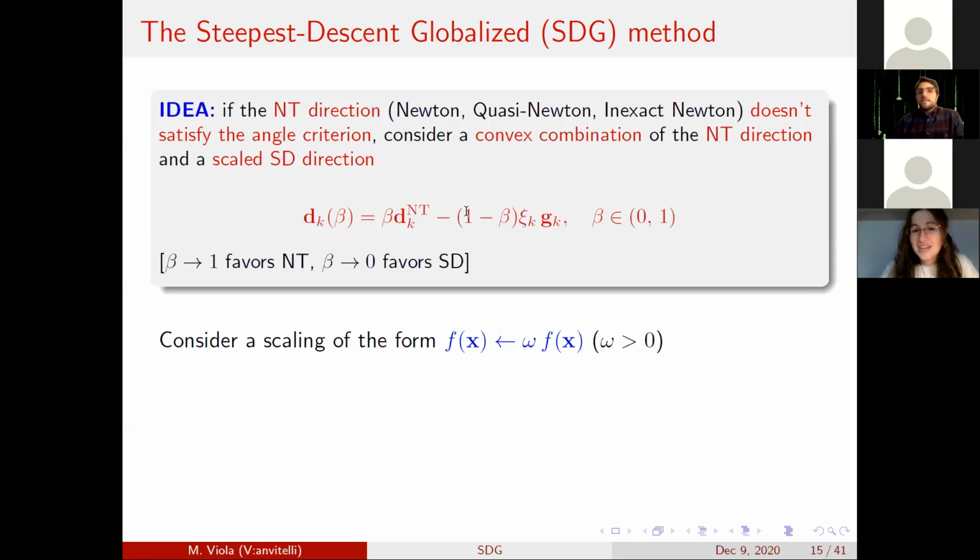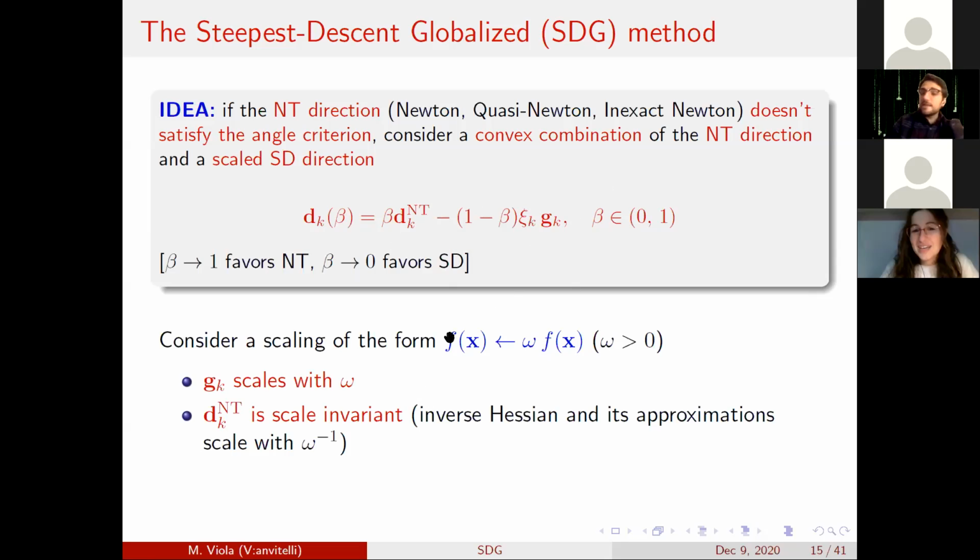Consider the case in which your function is scaled by a value omega greater than 0. You know that if the function is scaled, the gradient is scaled as well. But the Newton direction is scale invariant, because the Hessian is scaled and the Hessian inverse is scaled with 1 over omega.